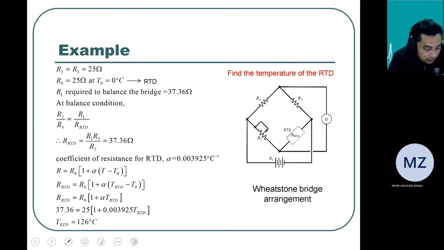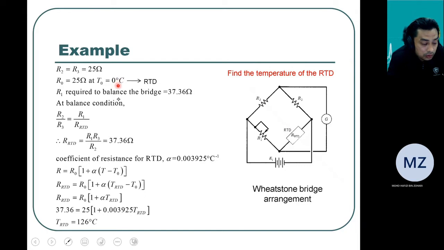So look at the information. The information said that R1, R2 and R3 are fixed value 25 ohm, and then R0 is, like I said, the initial reference value. It's given 25 ohm, and the early temperature is also given. So it's 0 degree.